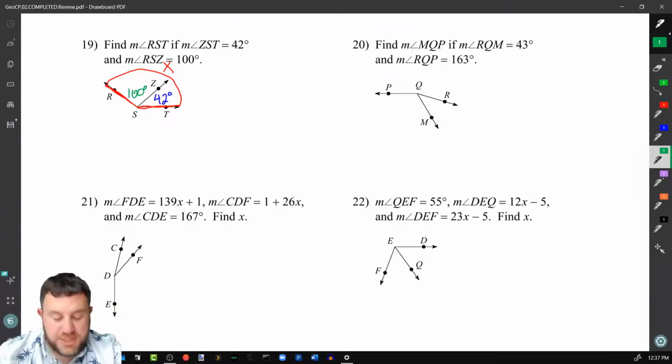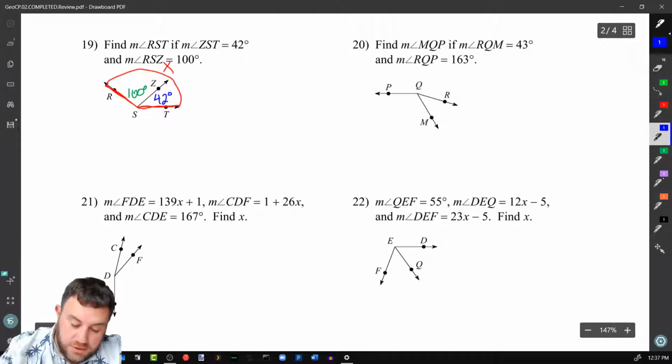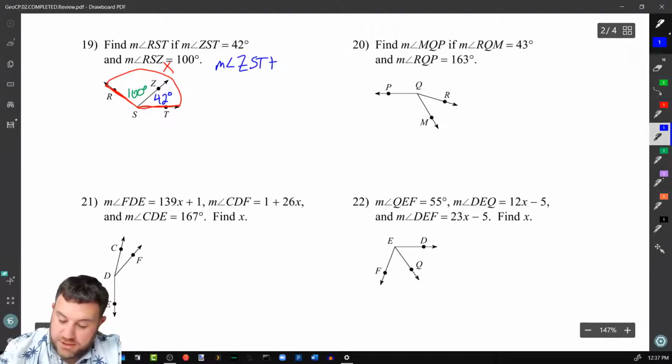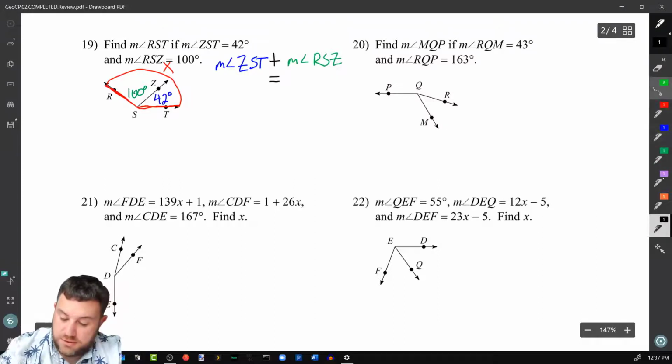So this is where we use that angle addition. Small angle plus small angle equals the whole thing. So we know that the measure of angle ZST plus the measure of angle RSZ equals the measure of angle RST, the whole thing.